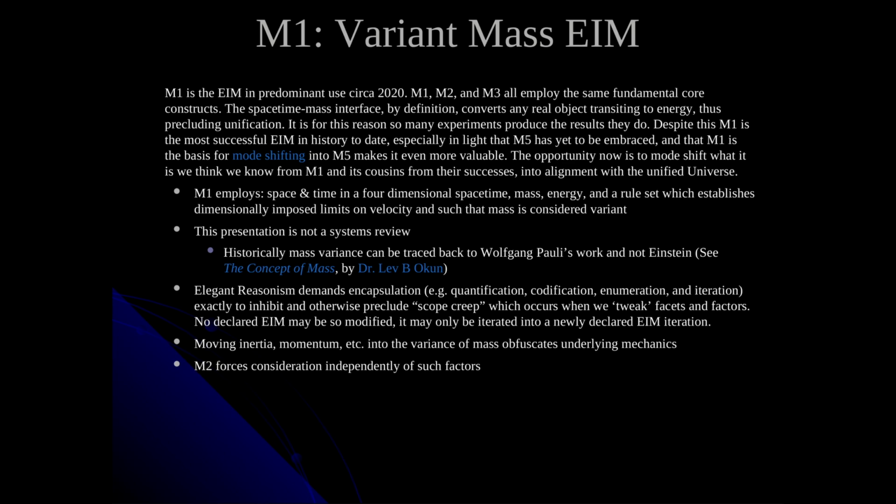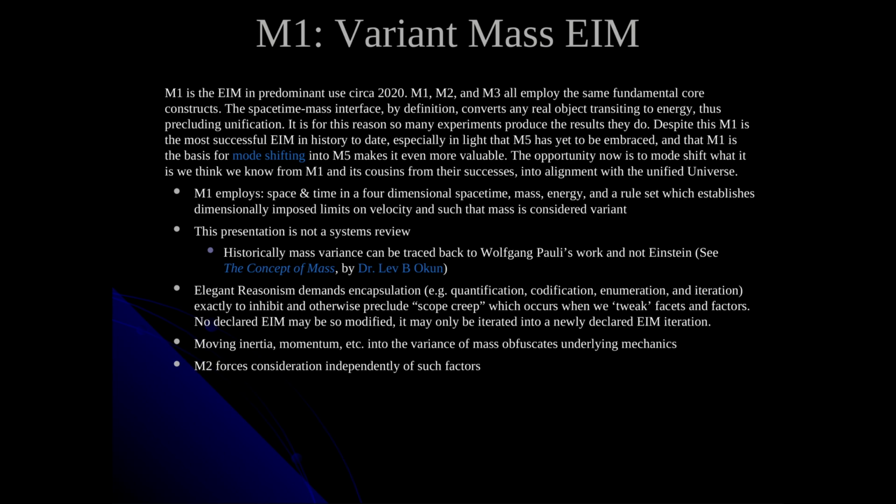M1 represents the model that most people will probably pick. I don't know that that's always the case, but most people attribute predominant thinking in physics to Einstein. And there's a bit of an issue here because we have to distinguish M1 from M2 and how you want to handle the concept of mass.